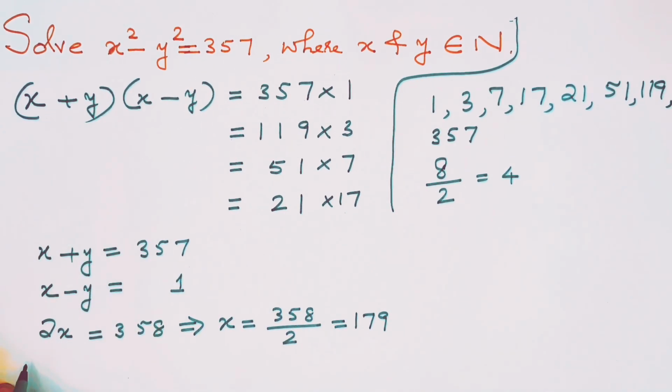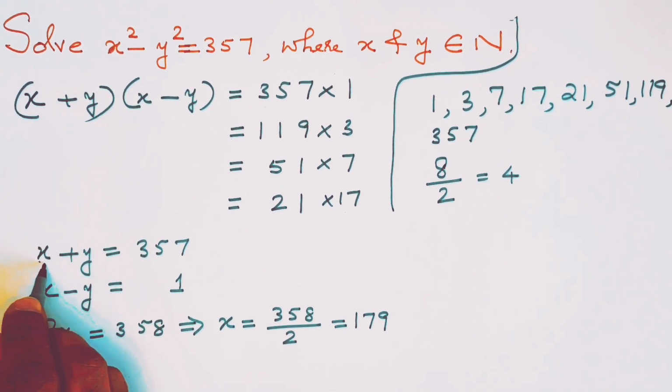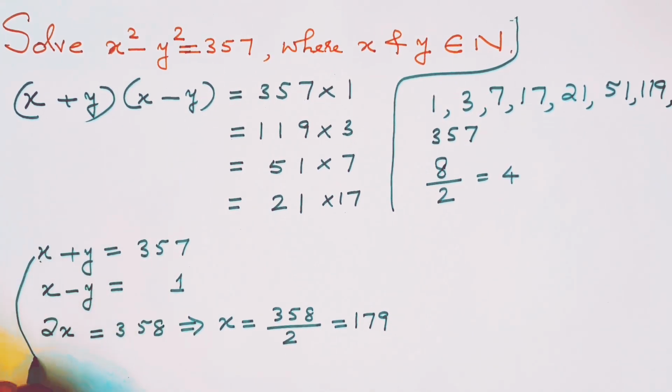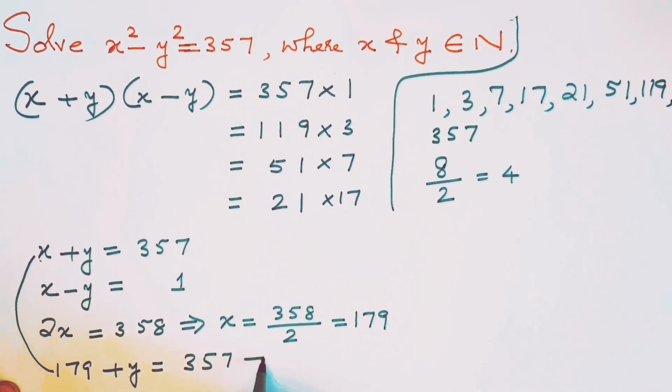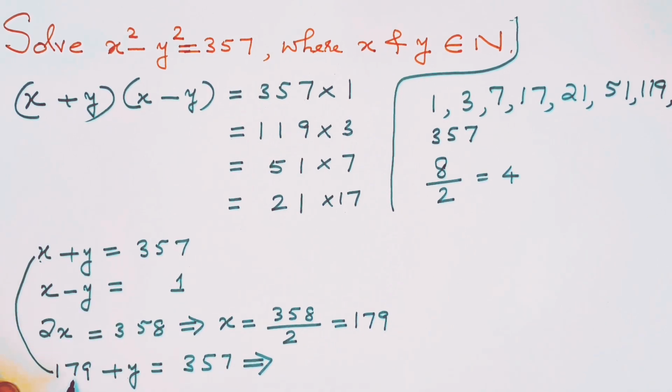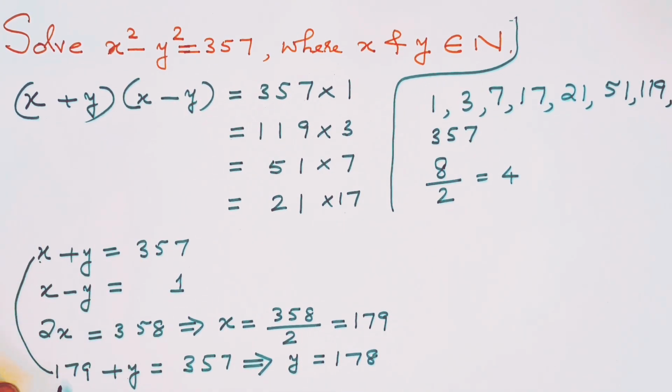So x is equal to 179. Now how do you find out y? Substitute x equal to 179 in either of these two equations. 179 plus y equal to 357. This implies take 179 to the other side and you will get y as 357 minus 179, which is equal to 178.